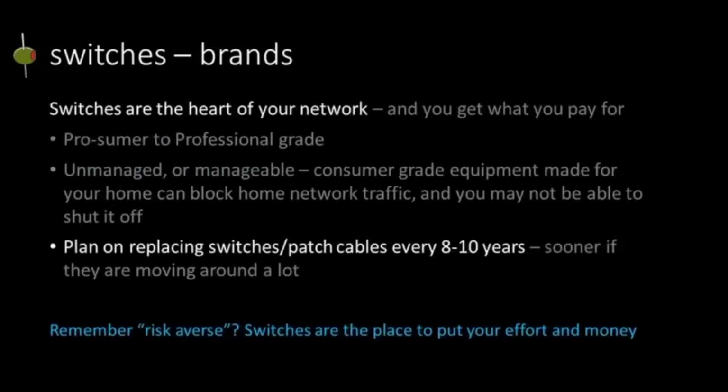So when you're looking at brands, remember that switches are the absolute heart of your network, and switches in a lot of ways are still a you-get-what-you-pay-for situation, right? We talked very early on in the call about consumer level, prosumer, and professional grade. You'll want to be looking at prosumer up to professional grade, depending on where they are in your system, right?